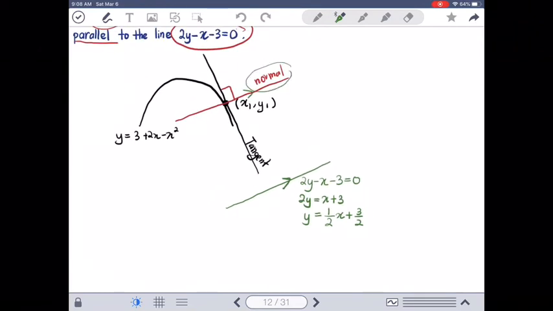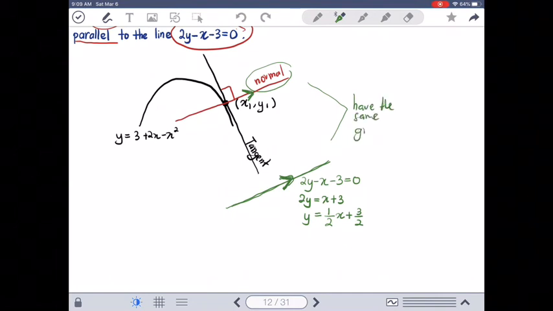And since the normal is parallel to the straight line here, we can see that both have the same gradient.